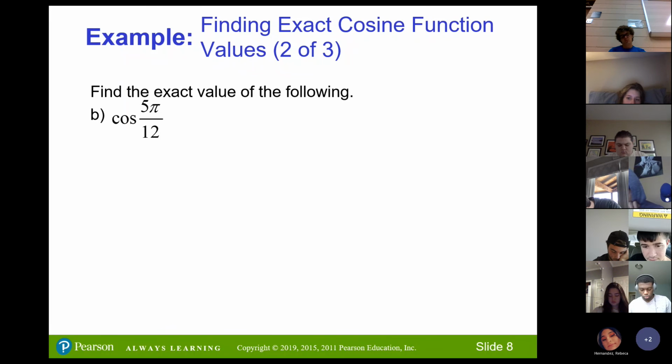So what is 75 degrees? 30 plus what? 45. Now you could easily do 30 plus 45 and come out with the same answer.